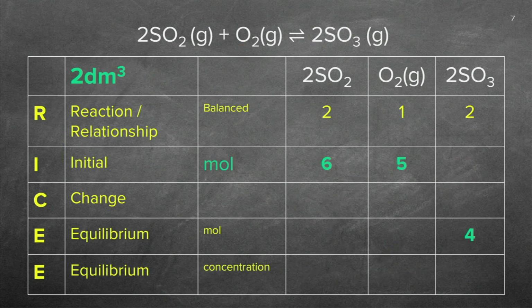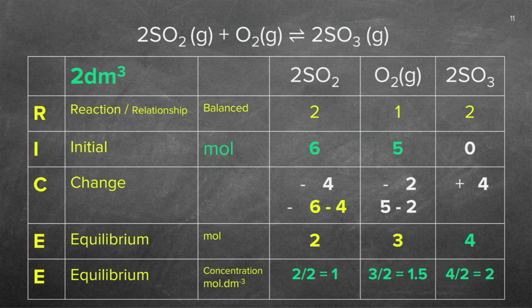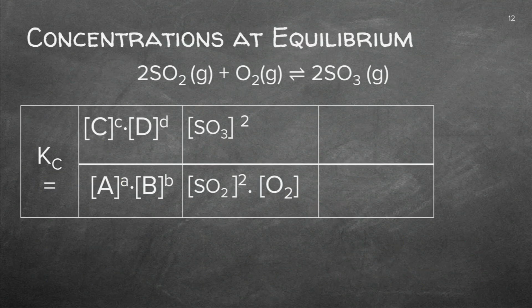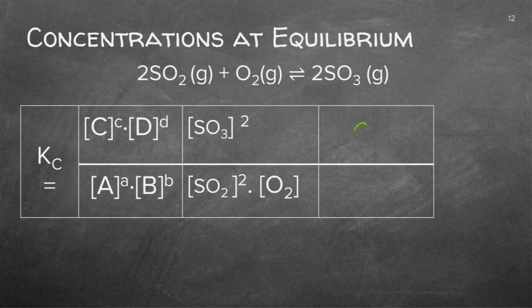Let's have a look. We had 6, and we deduced that if I have 4 there, I lost 4 and I lost 2 there, and that brought me to my final answer of 1 mole per cubic decimeter, 1.5 and 2. And now I can go to my equation for Kc. Kc is SO3 squared, and if we go back, we've got 2 SO3, so it is that bracket, guys.